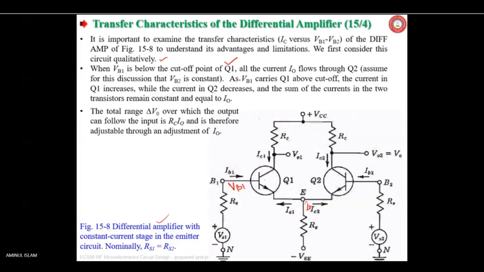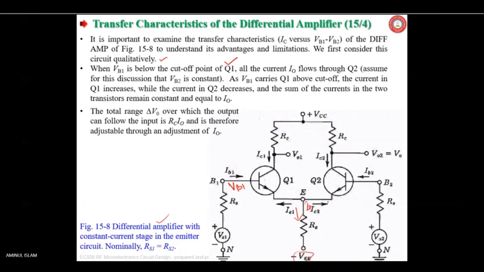As VB1 carries Q1 above cutoff, the current in Q1 increases while the current in Q2 decreases, obviously. And the sum of the currents in the two transistors remains constant and equal to IO. So IO is sinking in this direction, you can think of, or otherwise also, it doesn't matter, because here a negative potential is there.